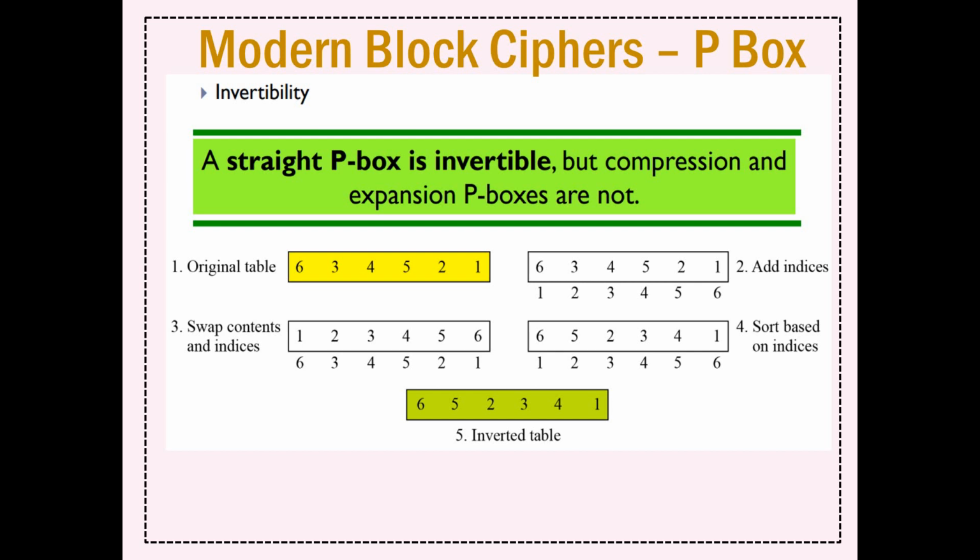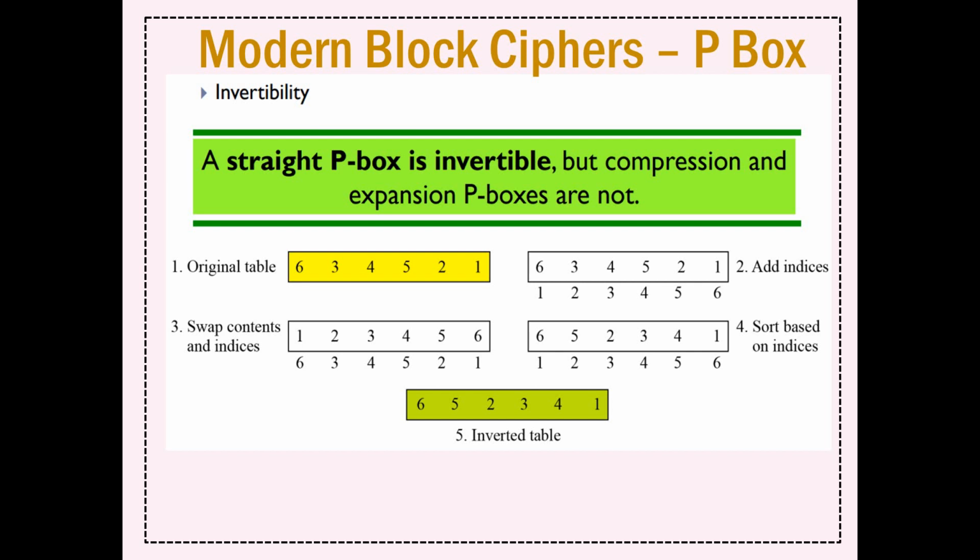Now, the compression and the expansion boxes, remember, are non-invertible. That means the receiver will have to have a separate mapping in order to decipher the data back. But in case of a straight box, it is possible for the receiver to get back the data only by rearranging the data sections, just as given over here.